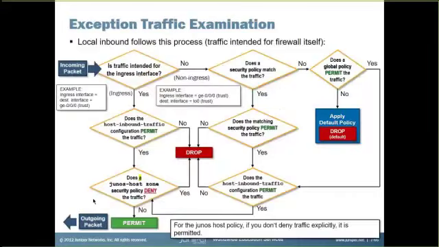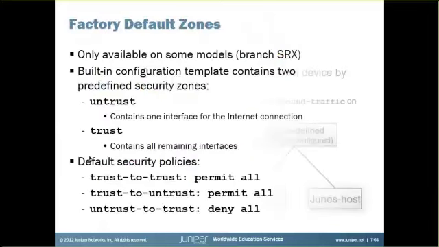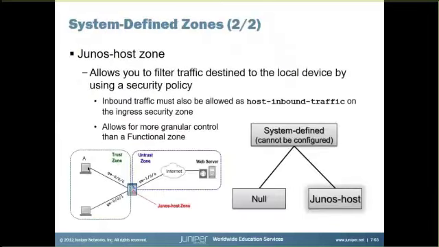The packet comes in, and again, we have determined that this is exception traffic already, but it could be intended for the ingress interface. In other words, let me go back for a second to the diagram here. If I am host A, I could try to SSH into the address of JNCIE 000. So it's the interface where the traffic is coming in, and it is the same as the destination address of that traffic.